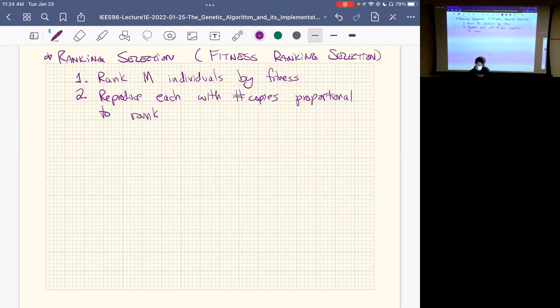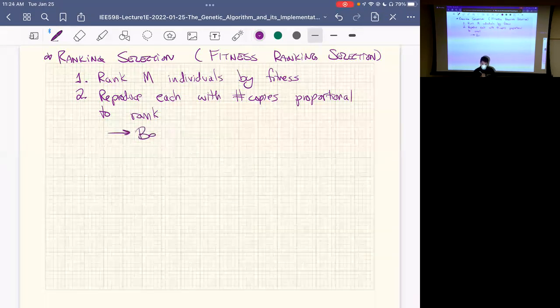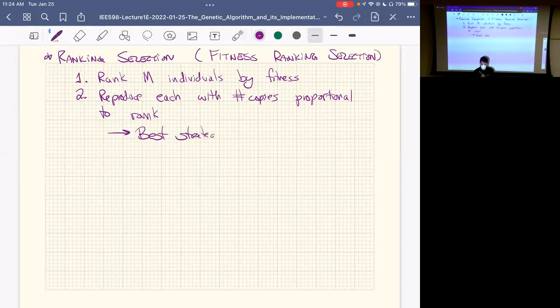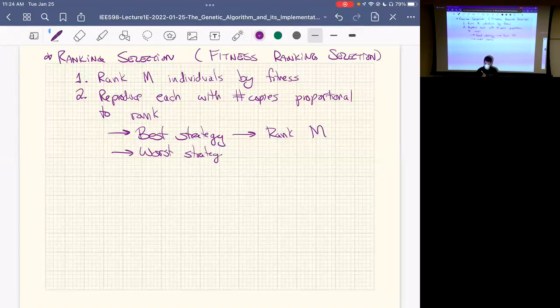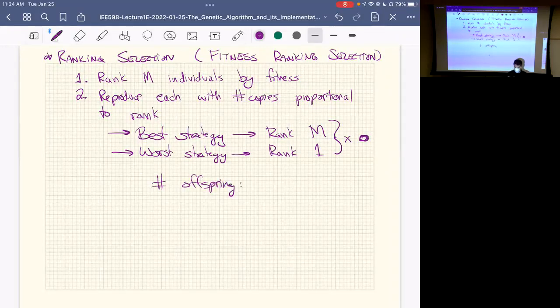So if we were to rank things so that, for example, the best strategy goes in rank M and the worst strategy goes in rank 1, then we multiply by some scalar, say O, and the number of offspring will be the rank times this O, which is just some constant that, for all intents and purposes, you can pretend is 1.